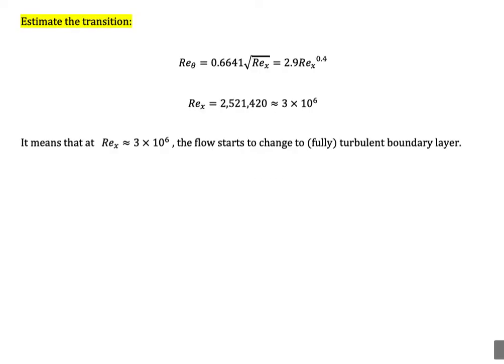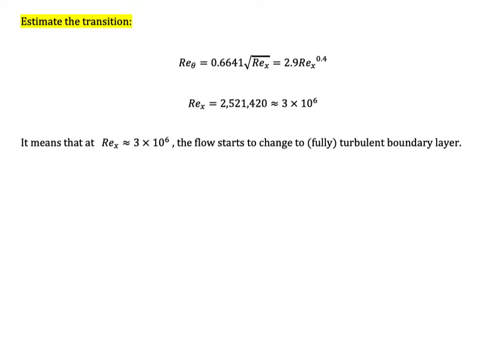So we estimate the transition. We use the Michel correlation; we just go a little bit faster here. It is equal to 2.9 Reynolds number to the power of 0.4, and then we could estimate it is around 2.5 times 10 to the power of 6, or you could write it as 3 times 10 to the power of 6.